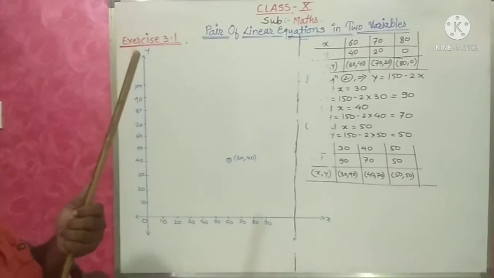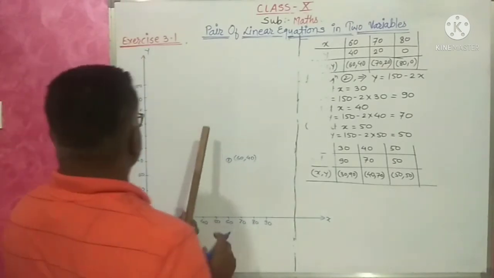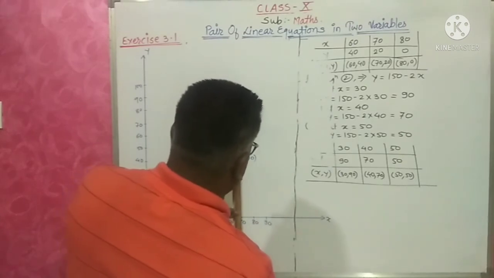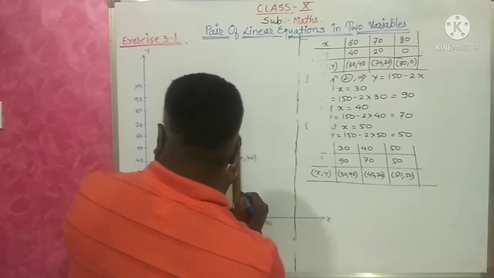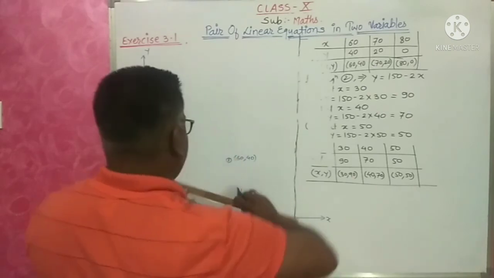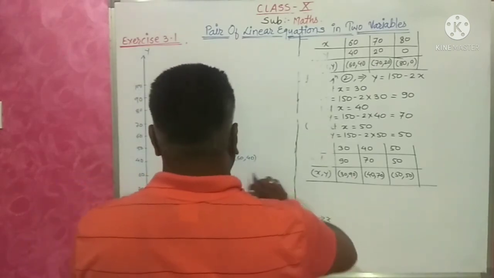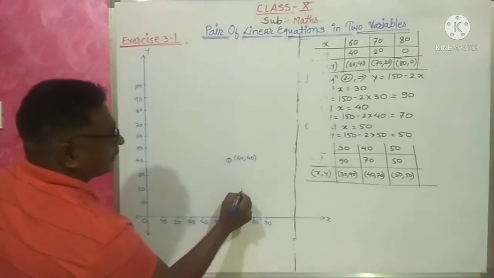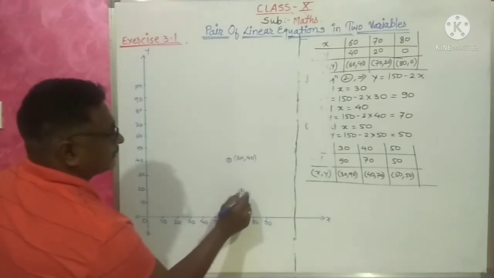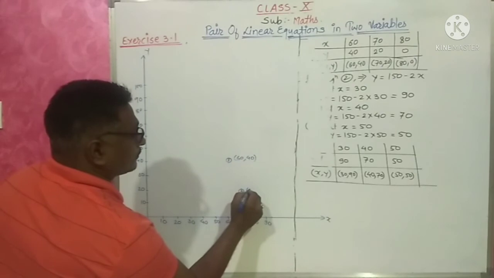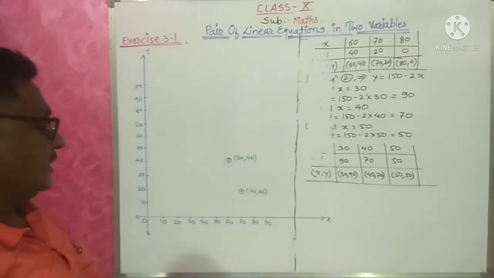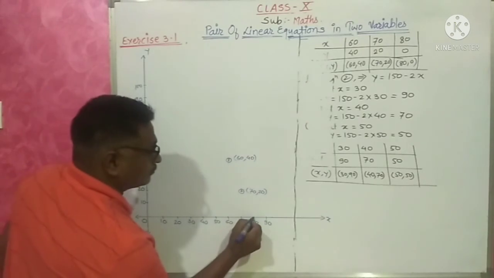Then second 70, 20. Here. This 70, 20. And third is there 80, 0.